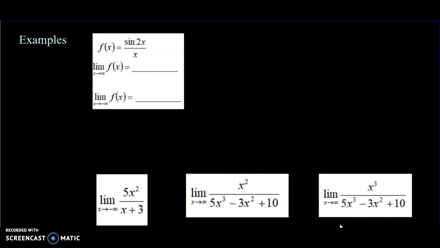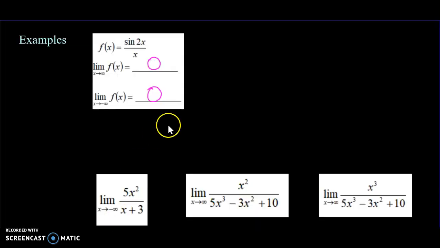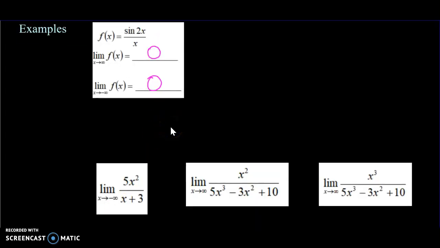My function is approaching 0. So right here it would be 0. As it is approaching negative infinity, it was also approaching 0. Okay, so this is positive infinity to the right, negative infinity to the left. They're both approaching 0.